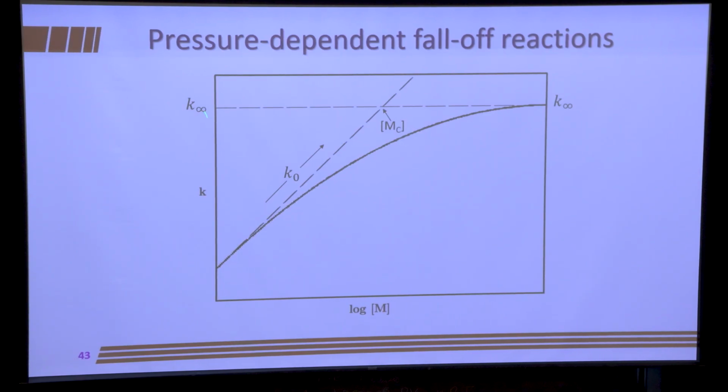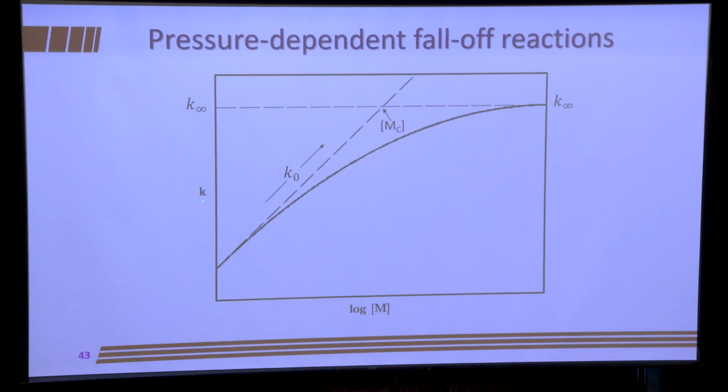It reaches k infinity, a high pressure limit, okay? Typically the limit is about 10 to the 14 per second. That's a good rule of thumb for the limit in rate of reaction, about 10 to the 14 per second. So we have a high pressure limit in the rate of reaction.